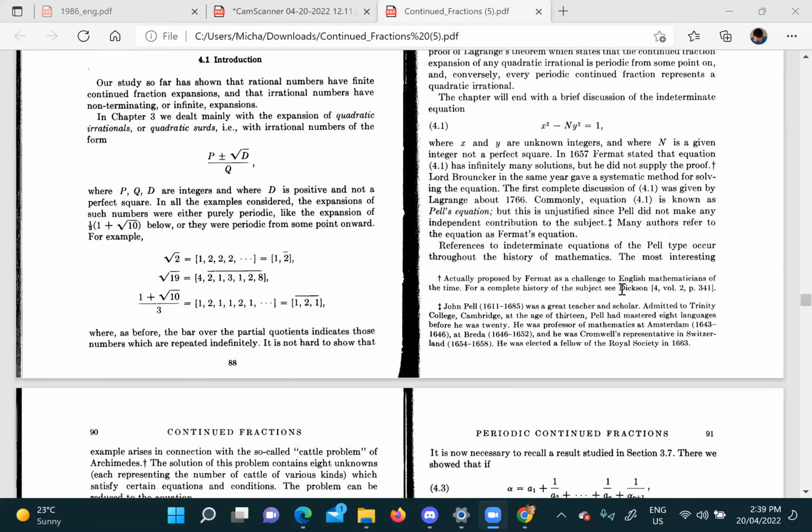He was a professor of mathematics at Amsterdam, and Cromwell's representative in Switzerland. He was elected a fellow of the Royal Society in 16-something.